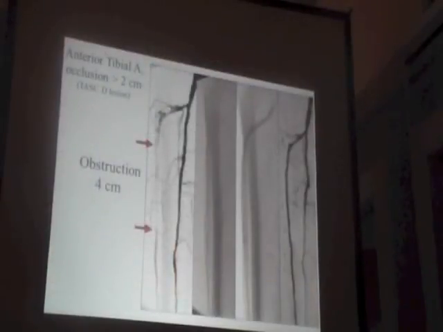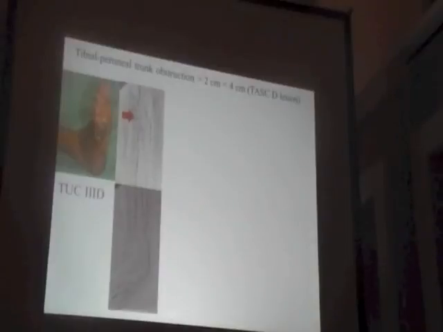But in daily practice it is possible to have a good technical and angiographic result if you treat patients with a 4 cm occlusion in the anterior tibial artery, or if you have an occlusion of the tibioperoneal trunk between 2 and 4 centimeters, like a TASC D lesion. And I remind you, a TASC D lesion is only for surgical approach.